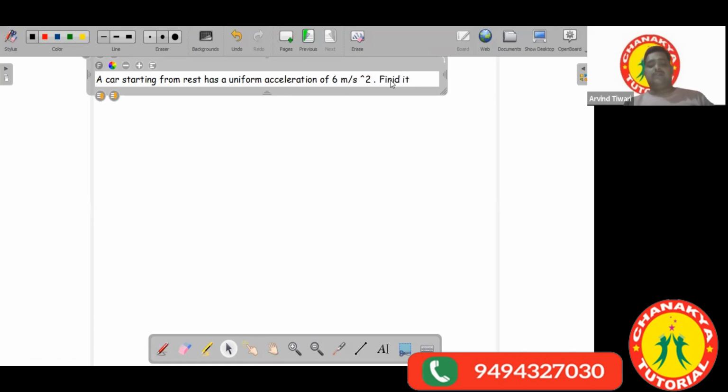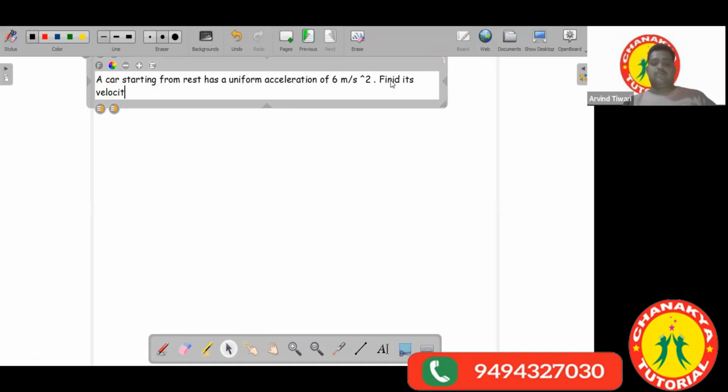Find its velocity after 10 seconds of start. Can you find the velocity?